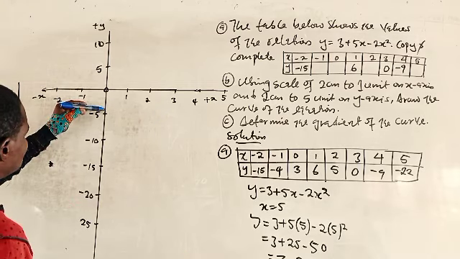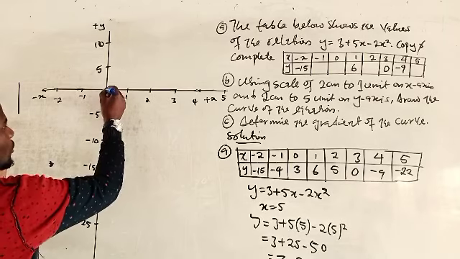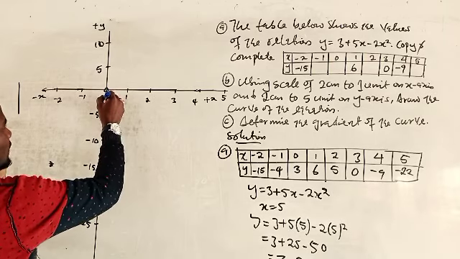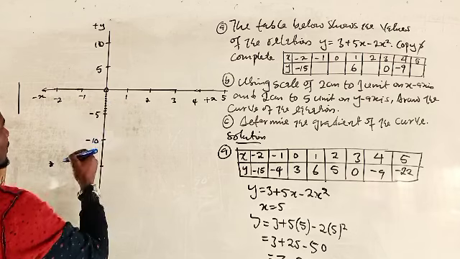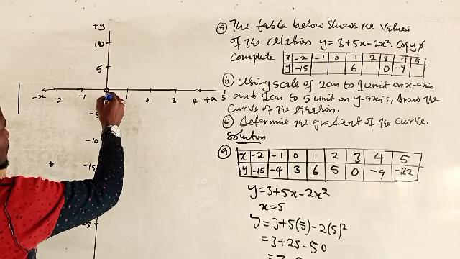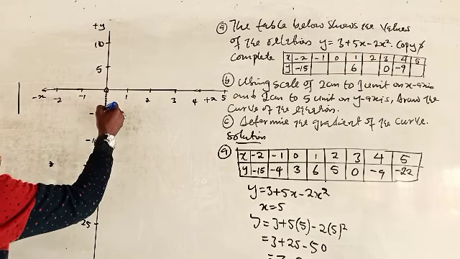Minus 4 is, let's say we have 10 small boxes: 1, 2, 3, 4, 5, 6, 7, 8, 9, 10. Now if from here to here is 5, then from here to here should be what?